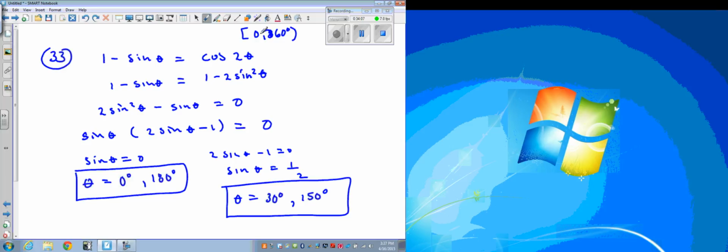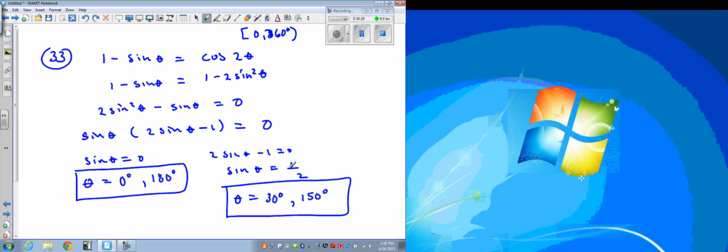If you used your calculator to do this, what would be the value that you get? Theta equals sine inverse of 0. What would be the one value you get? You'd only get this one, right? Because it's going to give you values from minus pi over 2 to pi over 2 only.